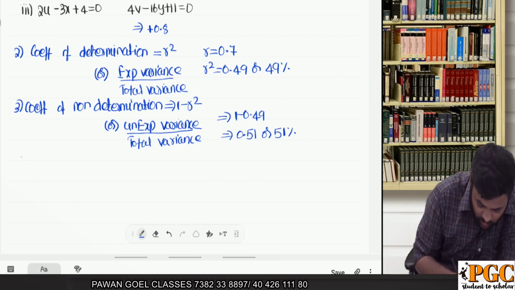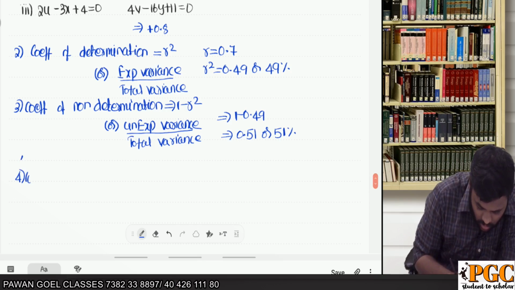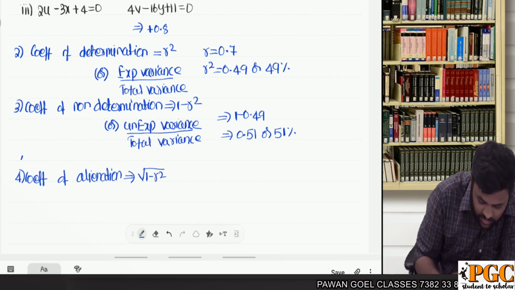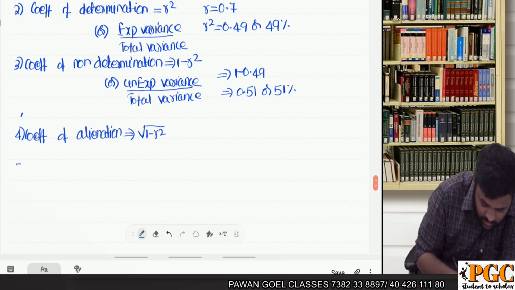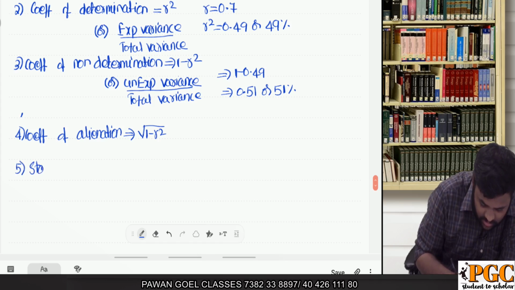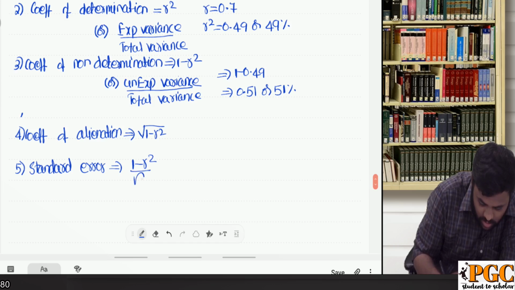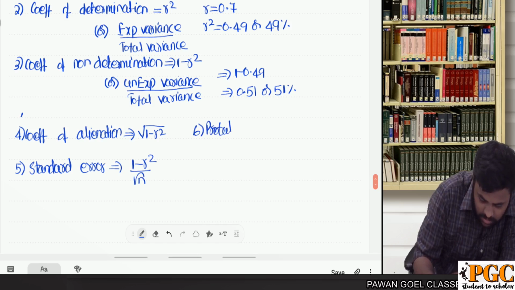Next, fourth one, coefficient of alienation. It is supposed to be root of 1 minus r square. Next, standard error. Standard error is supposed to be 1 minus r square divided by root n. Next, probable error, important concept.